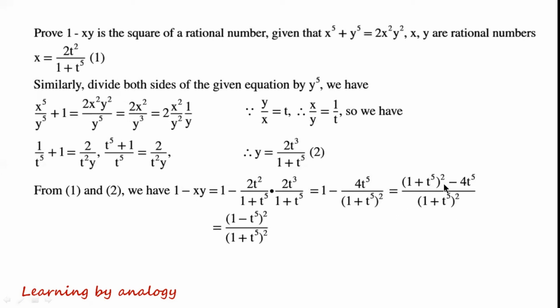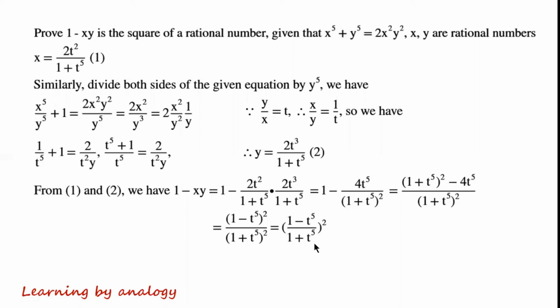Expanding and simplifying the numerator, we have 1 minus t to the power of 5 all squared. The denominator remains.